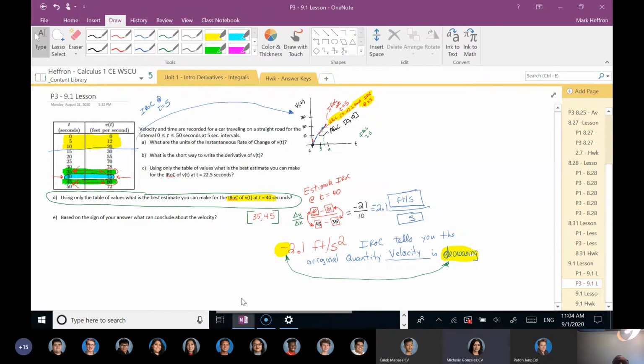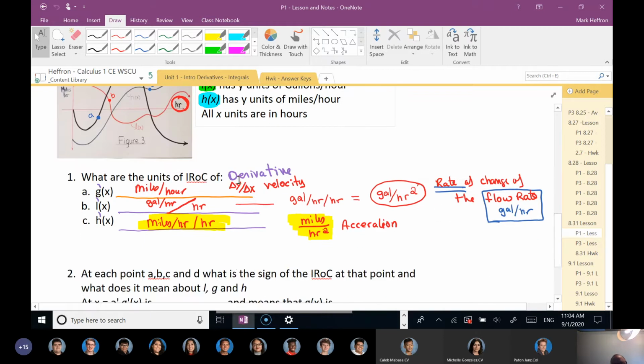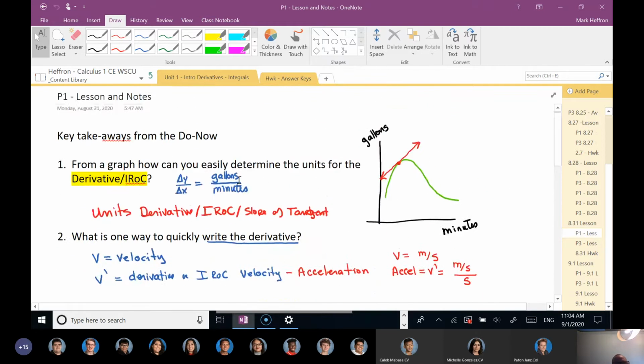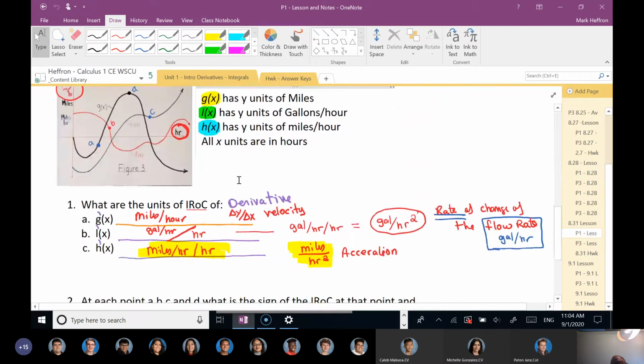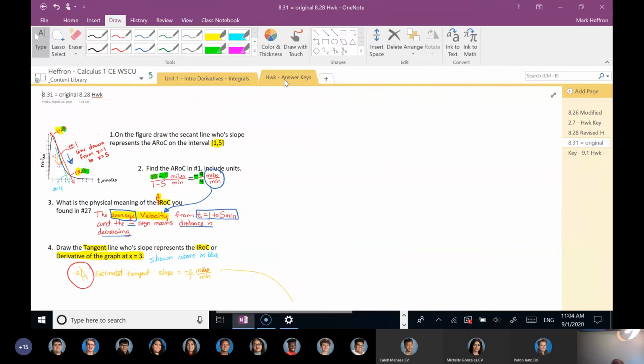So what I want us to do now, I want you to see in the content library, most of my notes. If you ever want to look back and say, what did we do yesterday? We'll go to 8/31 and look at the lesson. That's where our notes will be. These will always stay there. But I've also added a tab that says answer keys.